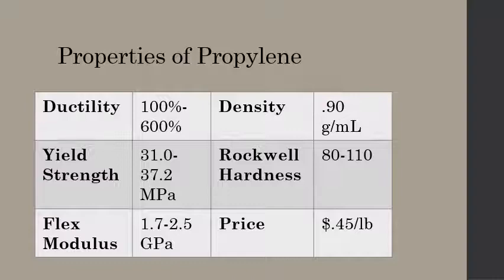It also has a density of 0.90 grams per milliliter. These characteristics show that polypropylene is quite durable and can be subjected to a good amount of stress considering that polypropylene is lightweight. The price of polypropylene is around $0.45 per pound, but that cost tends to vary depending on the price of oil because polypropylene is oil-based and the price of oil fluctuates daily.